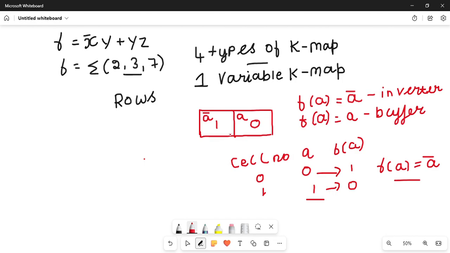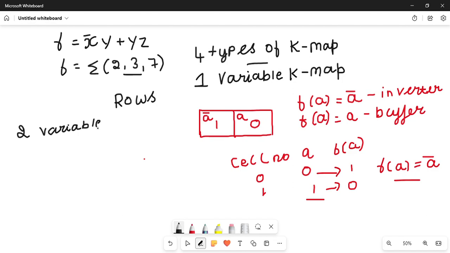That's what has been written in terms of a Karnaugh map, and you still have to learn more in detail. This is just a simpler version of the K-map. If I come to a two variable K-map, the same thing applies.